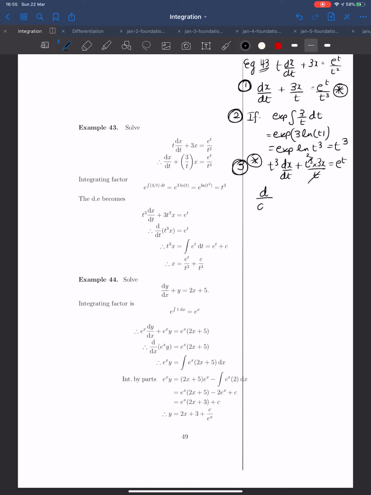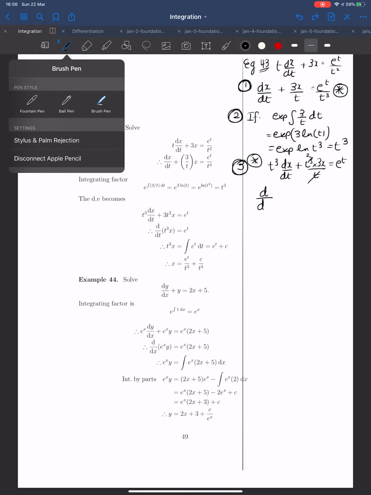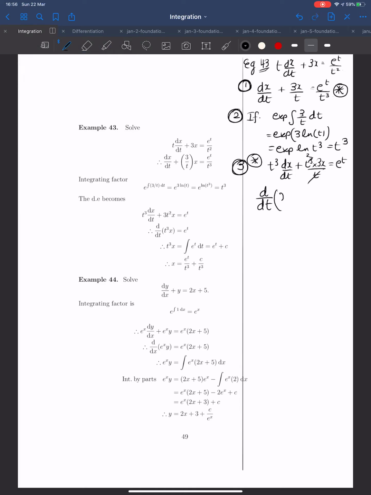So what you actually have now is the answer of the product rule on the left, and that is the product rule applied to d by dt of x t cubed, and that's just straightforward e to the t. So if we look here, first times the derivative of the second, so it's x times 3t squared, plus second times the derivative of the first, well that's there, look, t cubed dx dt.